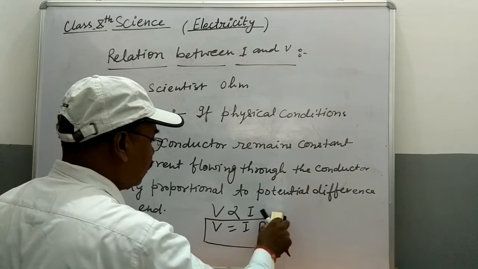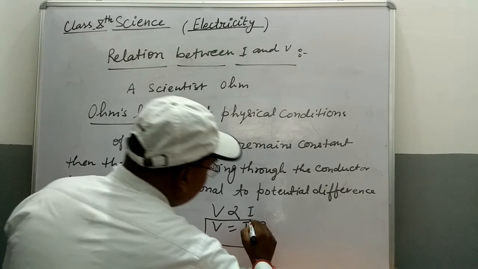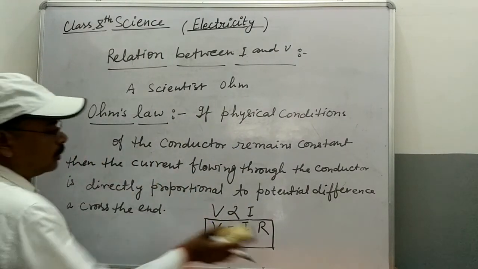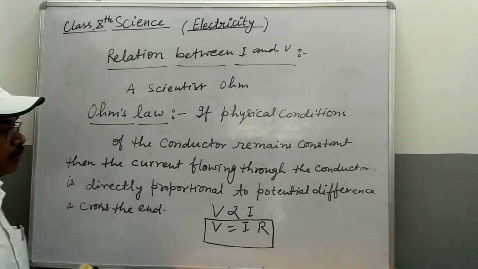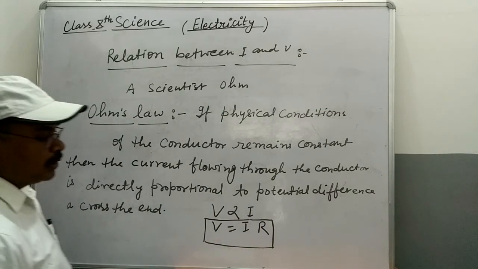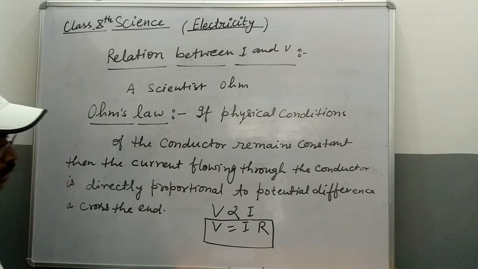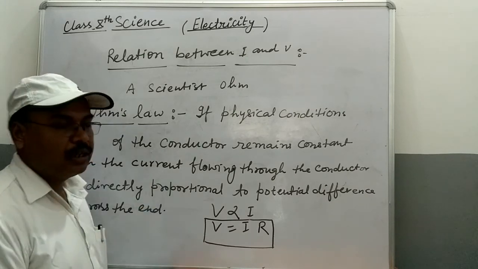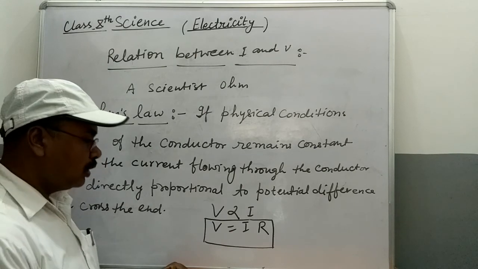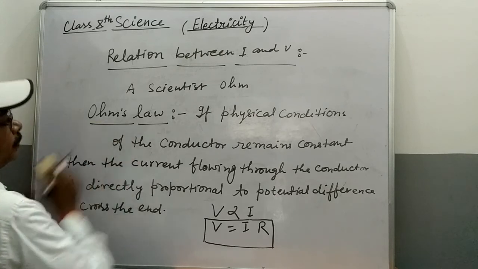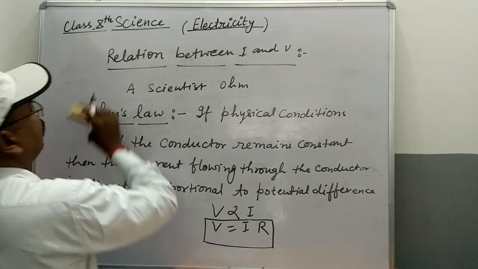Students, this is mathematically represented as V equals IR. This relation V equals IR is the mathematical form of Ohm's law. R is the constant of proportionality, known as the resistance of the given conductor.